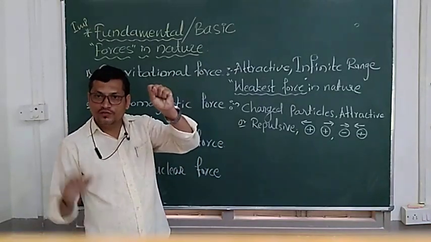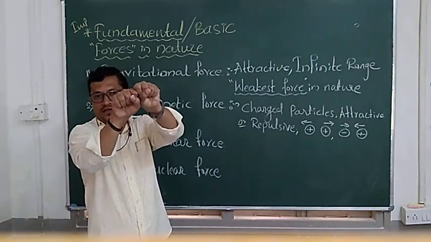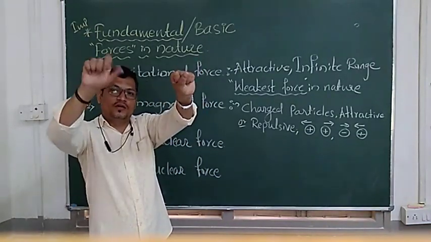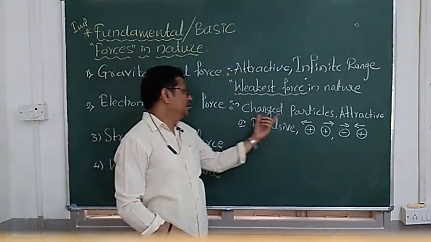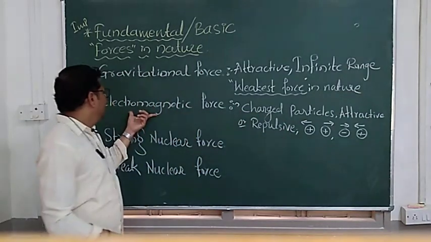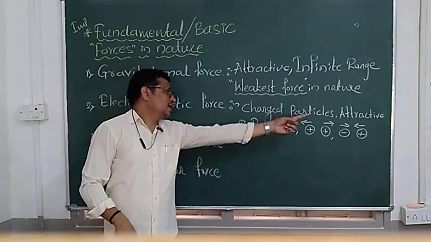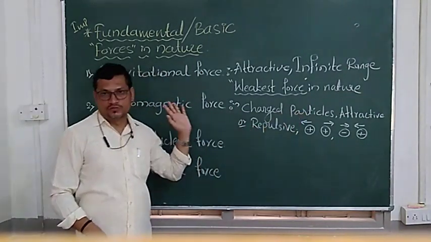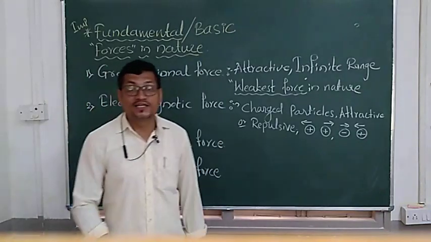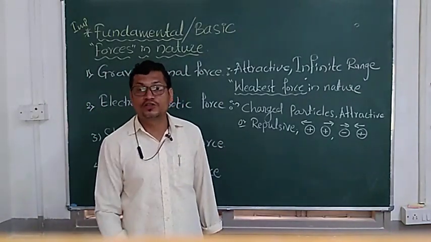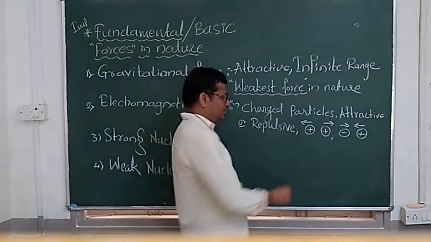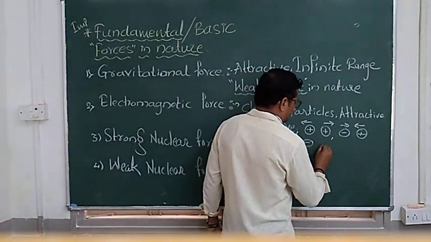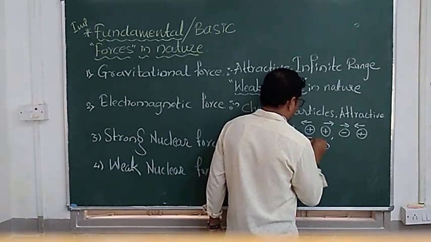Positive and negative attract, and like charges repel. That's why this electromagnetic force is attractive or repulsive, depending on the nature of the charge. If it is negative and negative, it is also repulsive.